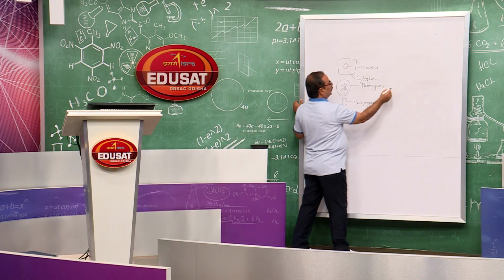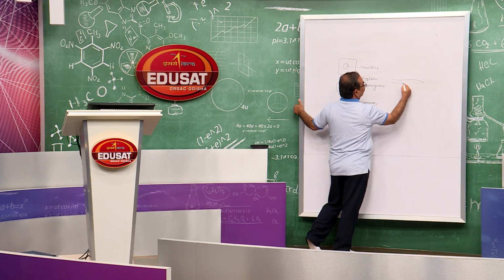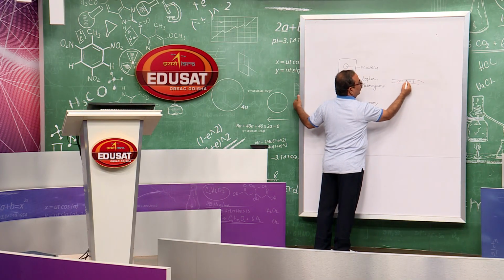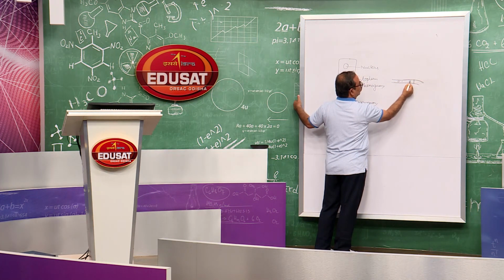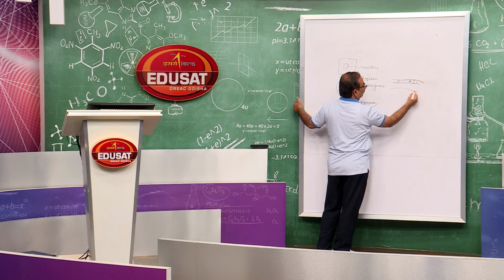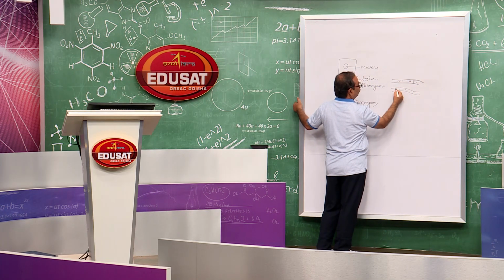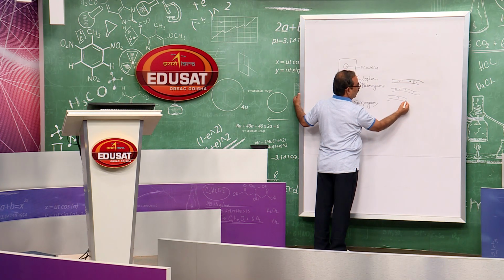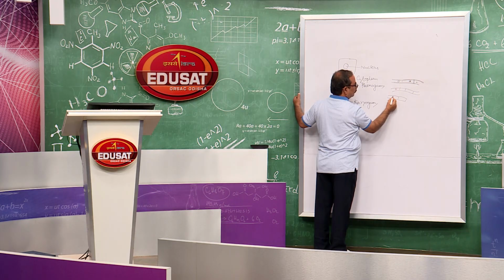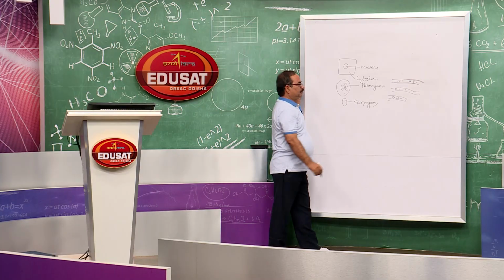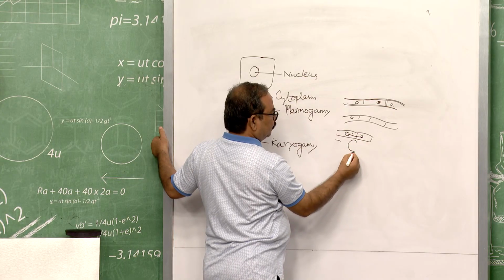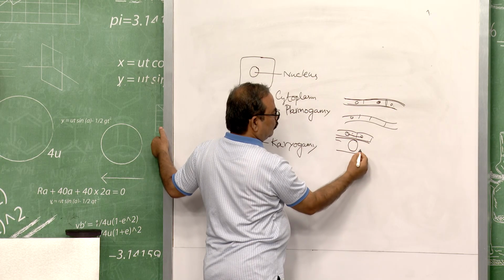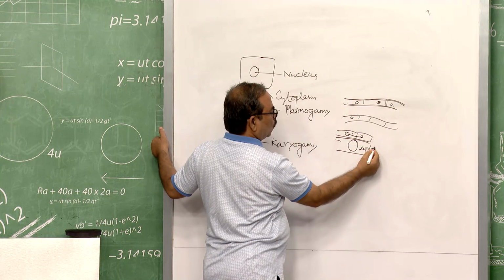So, if we start with a unicellular fungus, we find a uninucleated one, and then there is a compatible one. If there is fusion between these two cells, there will be fusion of the nucleus and fusion of the cytoplasm, and after that the nucleus becomes diploid.